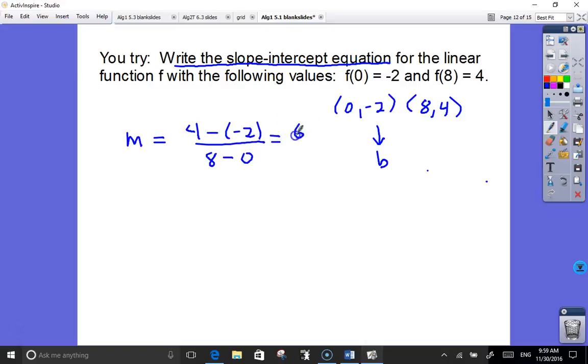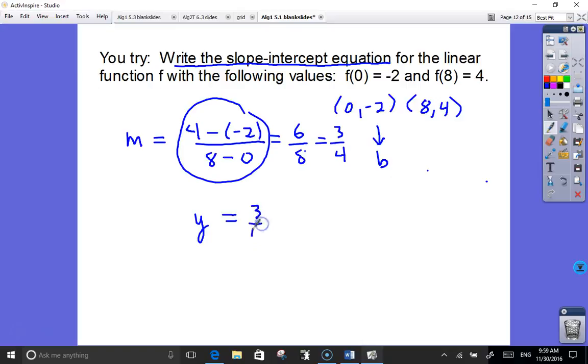That's +6 over +8, which is 3/4. You could have put all of that in the calculator and it would have spit out a simplified fraction. But that's not the end either. It said write the equation. What's the equation? Slope times x plus the y-intercept. It's better than saying plus -2, say minus 2.